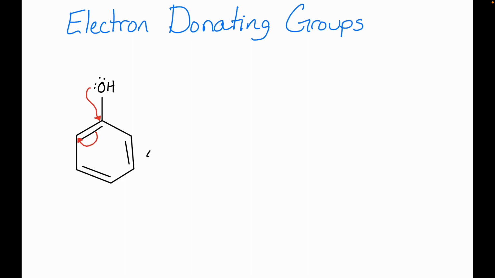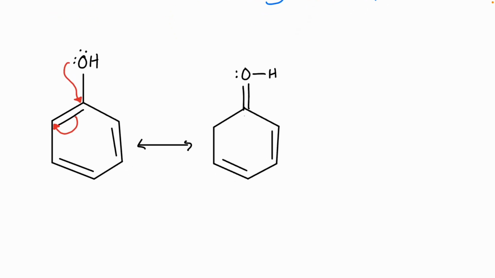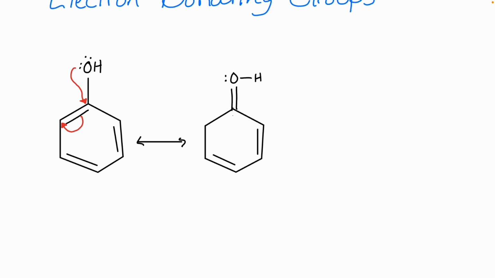Okay, so let's draw our first resonance contributor. Now I'm double bonded to my oxygen. Everybody take a second and make sure that we got all of our formal charges worked out.